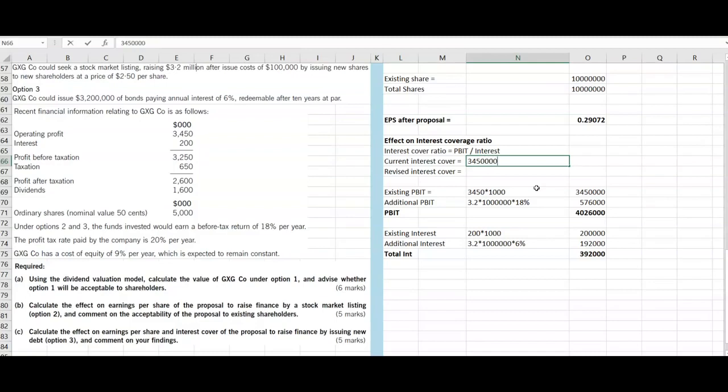So 1 2 3 divided by the interest. So the interest is 200, then 1000, 1 2 3. So this will give you our answer. If you take the revised interest coverage, it's going to be 4026,000 divided by 3,92,000. So we'll solve both.